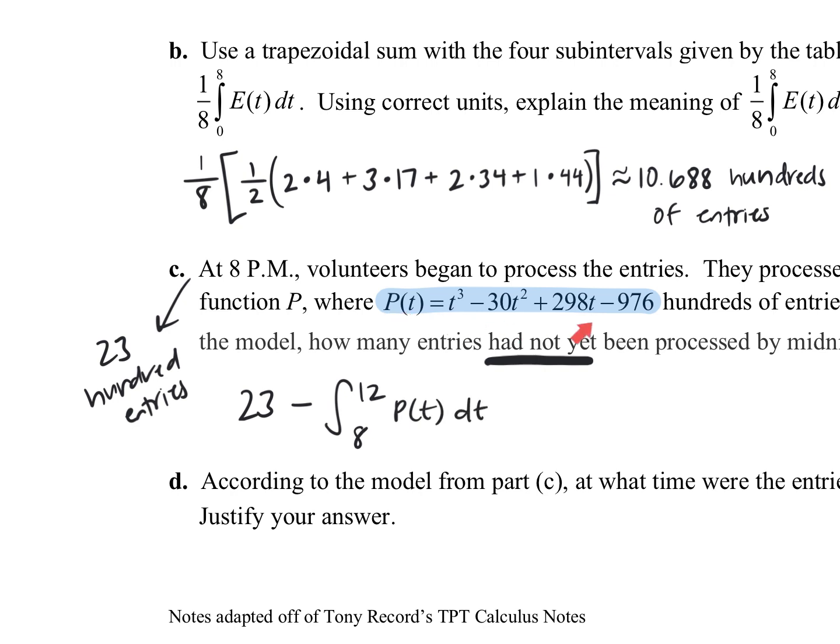If I integrate this function, that tells me how much I've accumulated in that time frame from 8 to 12. So if I plug this whole thing into my calculator, we end up actually getting a nice number, 7. So 700 entries have not yet been processed by midnight.